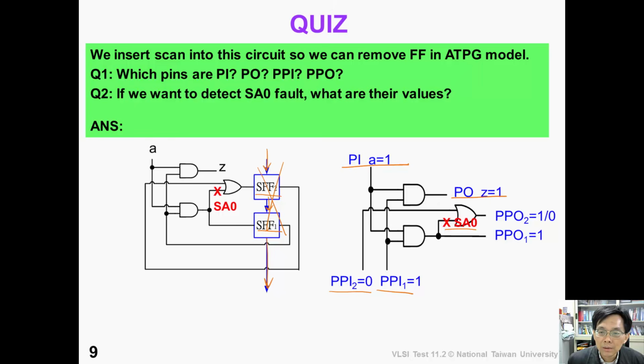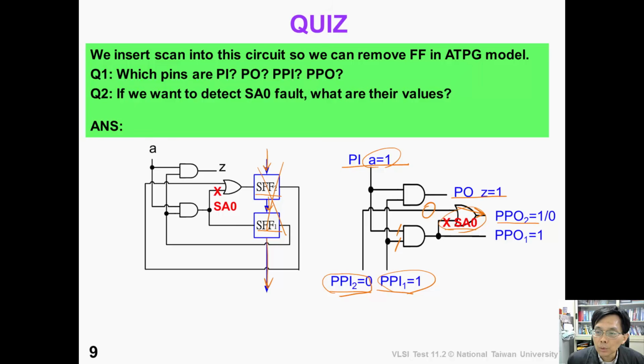To detect this stuck-at-0/4, we require a 1 here and a 1 here. So PPI number 1 must be 1 and the primary input must be 1. To propagate this fault, we need the 0 here, so PPI number 2 is 0.